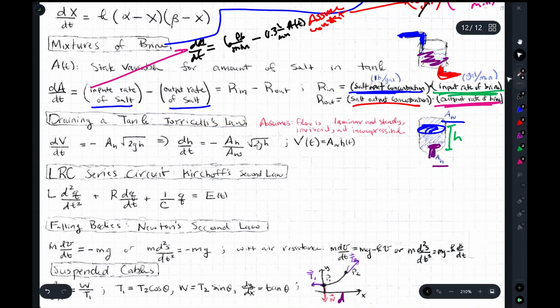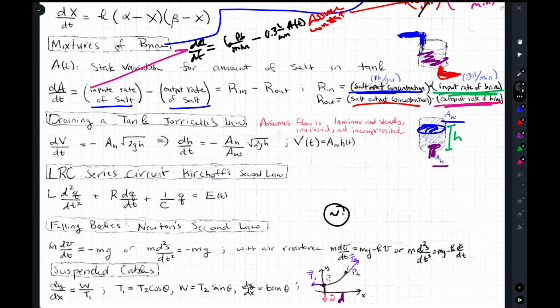It's also common to get mathematical models for LRC circuits, and these are series circuits that look like this. We have a source of potential voltage, and we have a resistor, and we have a capacitor, and we have an inductor.